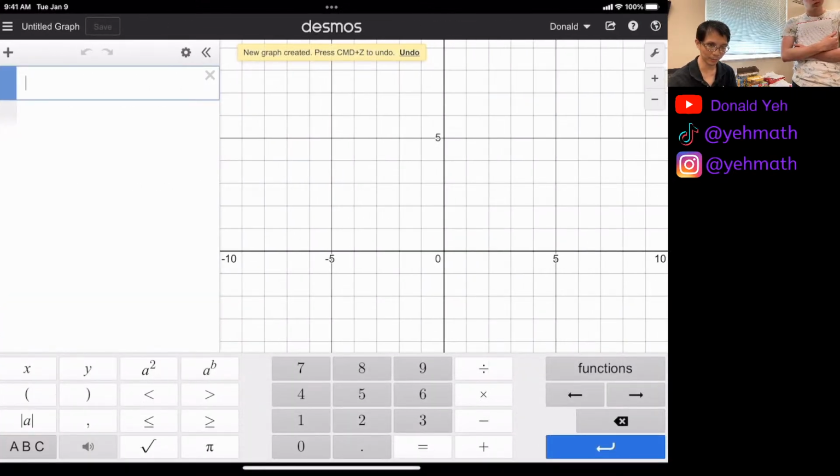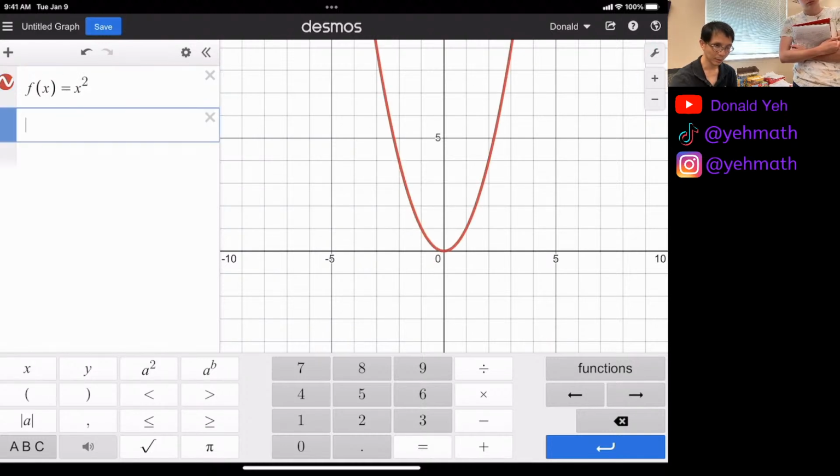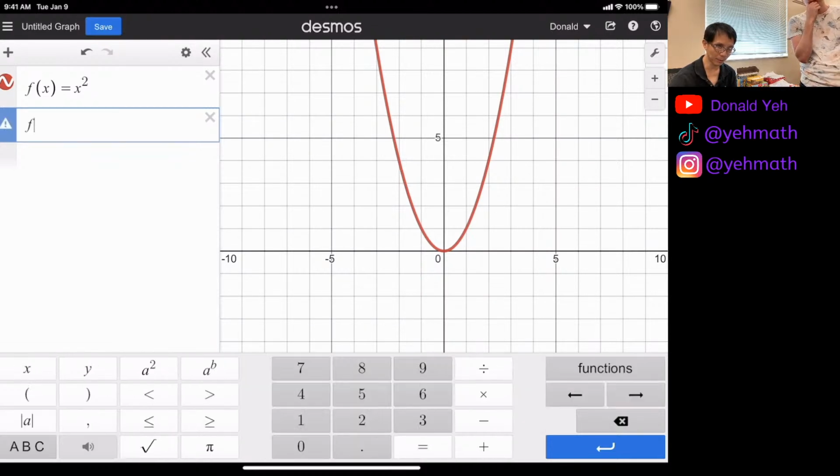let's just say I have f of x equal to x squared, right? You can plug in x plus 2 into x if I wanted to, right? So f of x plus 2.